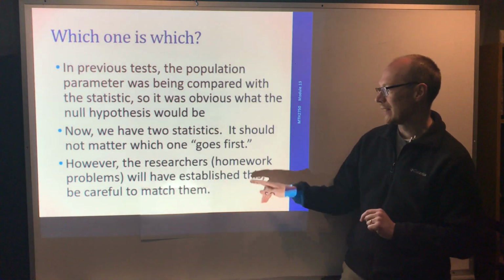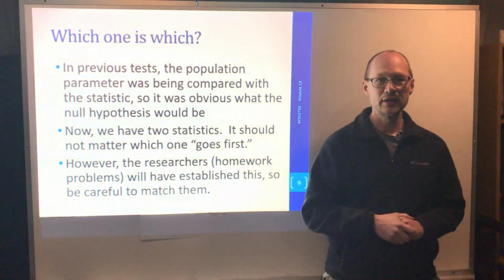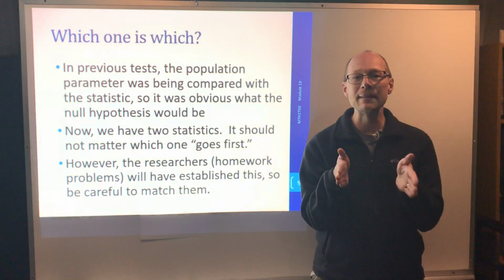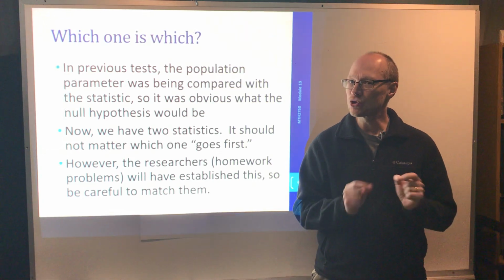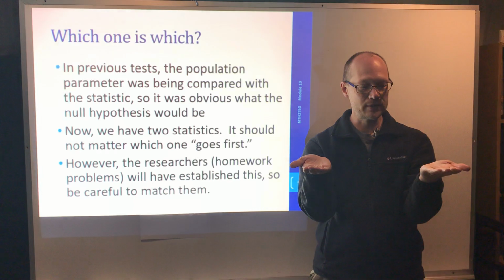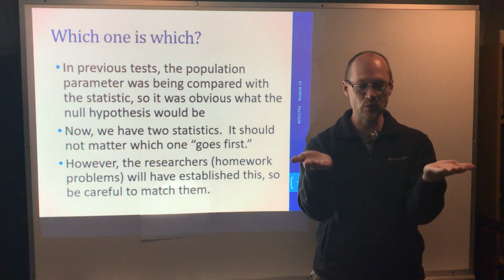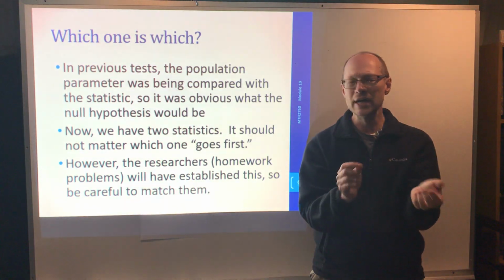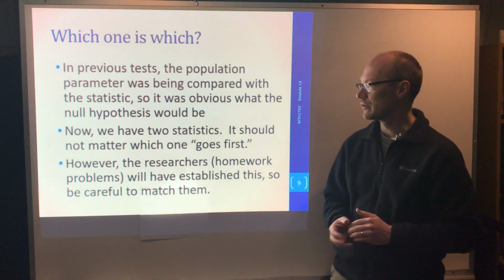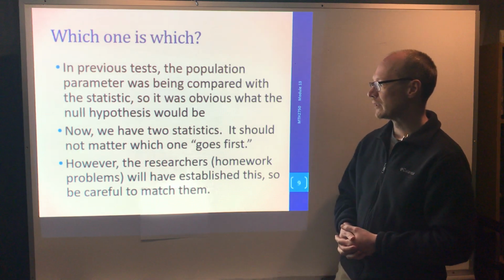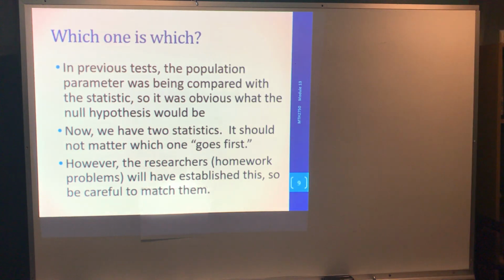But it will matter in the homework questions because the researcher or the homework question will have established which one is first. So make sure that you know which one is first. If this one is greater than this one, that means this one is less than this one if you have them switched, and the tails will be a little bit wrong. Just be very careful, like all the other questions of the homework have forced you to really read carefully.